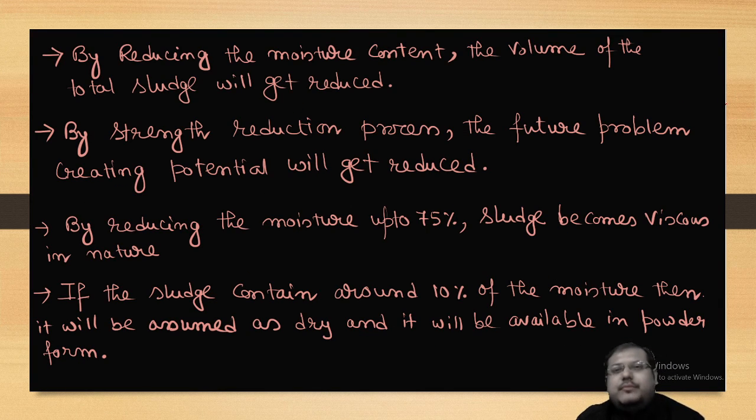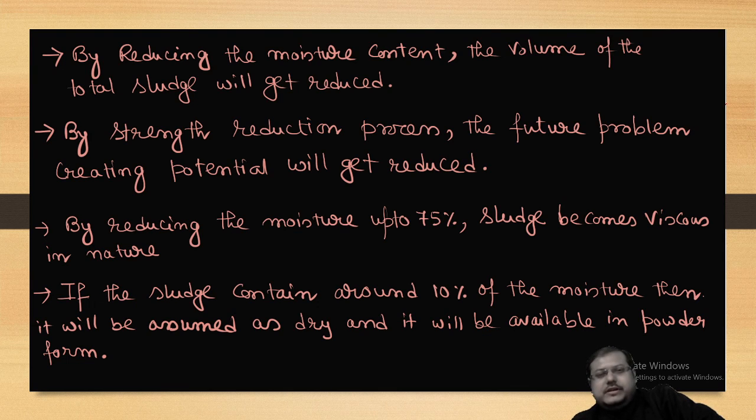By reducing the moisture content, the volume of total sludge will get reduced. I told you earlier that we will see how strong a process this is: by reducing a little bit of moisture, many volumes will get reduced. By the strain reduction process, the future problem creating potential will get reduced.